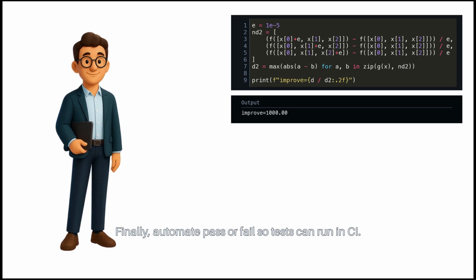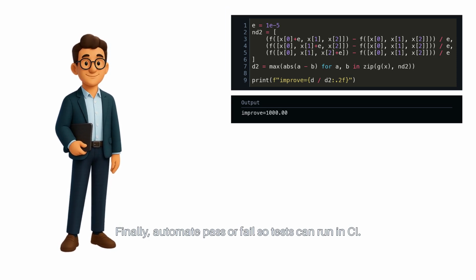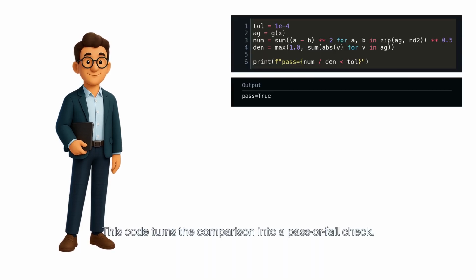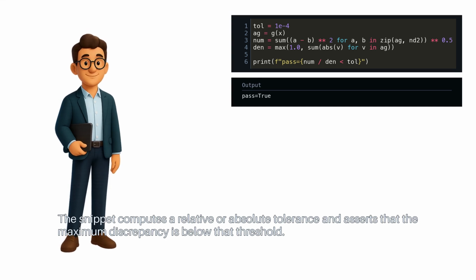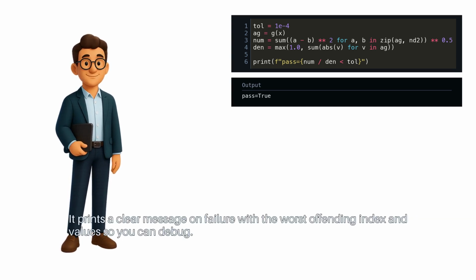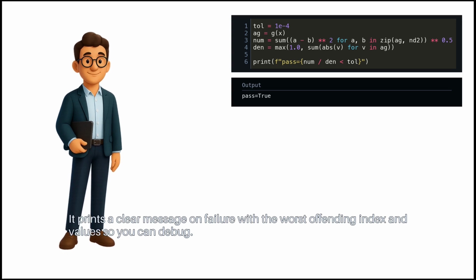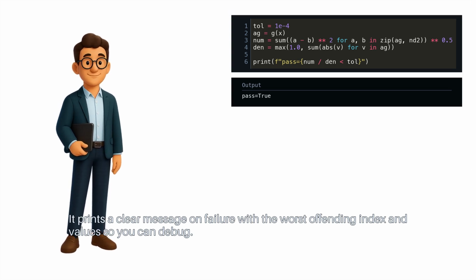Finally, automate pass or fail so tests can run in CI. This code turns the comparison into a pass or fail check. The snippet computes a relative or absolute tolerance and asserts that the maximum discrepancy is below that threshold. It prints a clear message on failure with the worst offending index and values so you can debug.